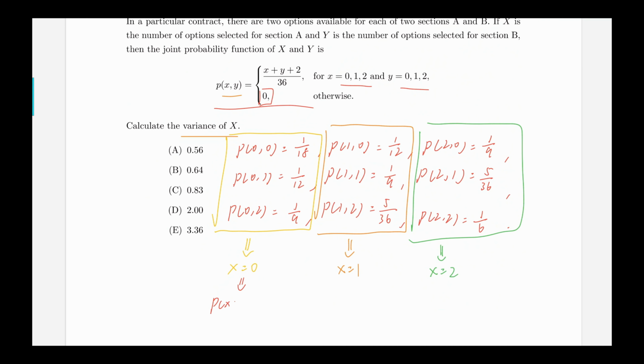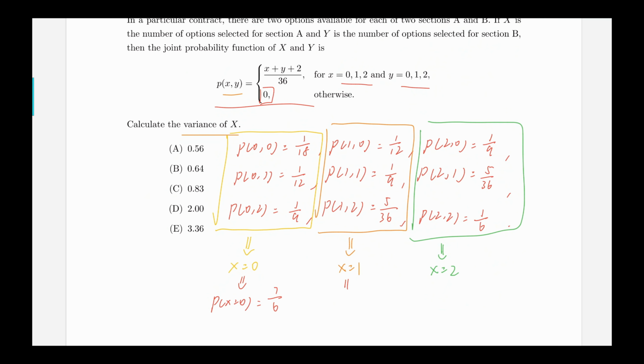So P of x equals 0 equals 1 over 18 plus 1 over 12 plus 1 over 9, which I believe will give us 7 over 6. Okay, and P of x equals 1, adding these 3 probabilities together, will give us 1/3.